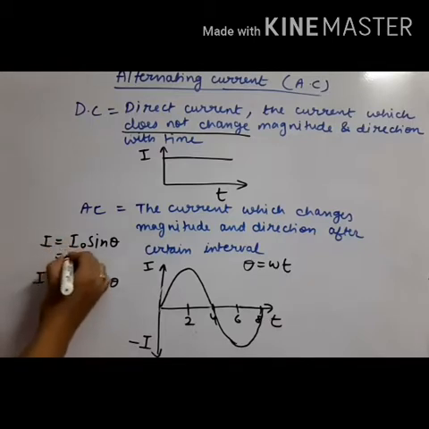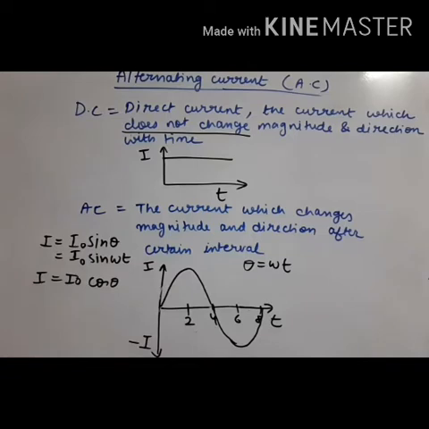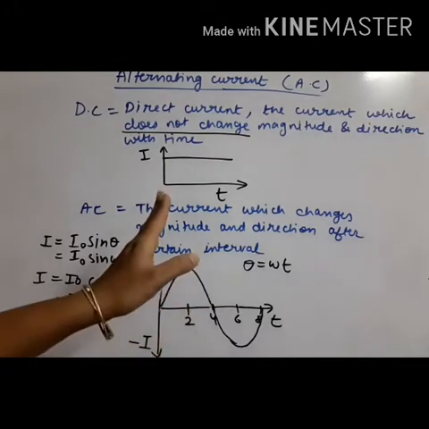So we will be using either I equal to I0 sin omega t or I0 cos omega t for showing alternating current. These are the two suitable equations. We cannot choose tan theta because the tan theta graph is infinite.